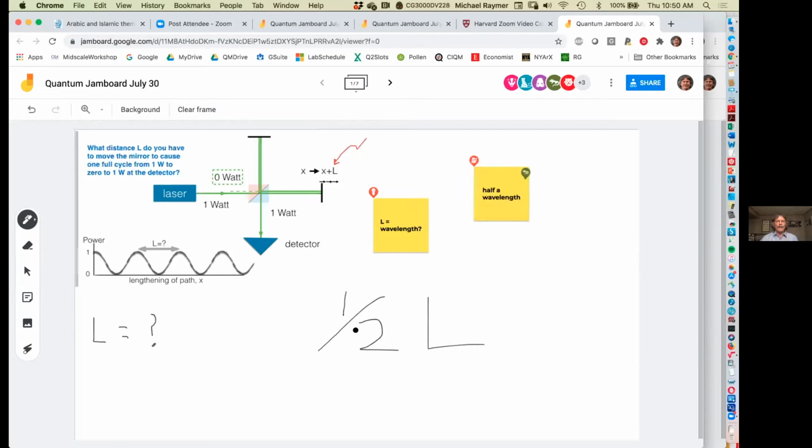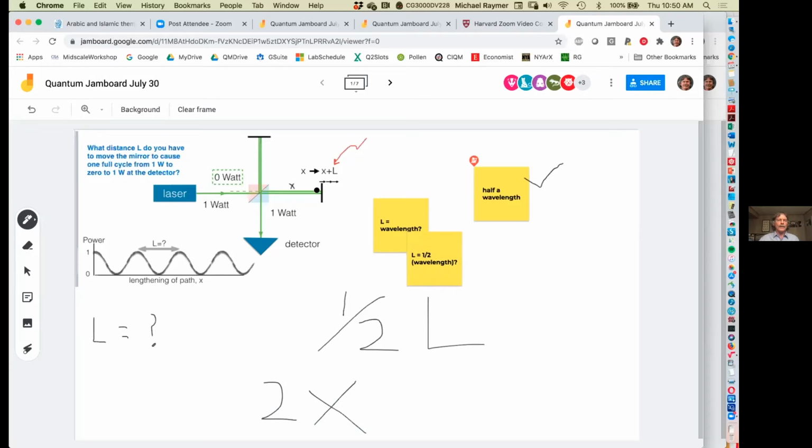So it can't be 1/2 L. Any more votes? It's not 2x, because x is whatever it is. X is wherever you start at.